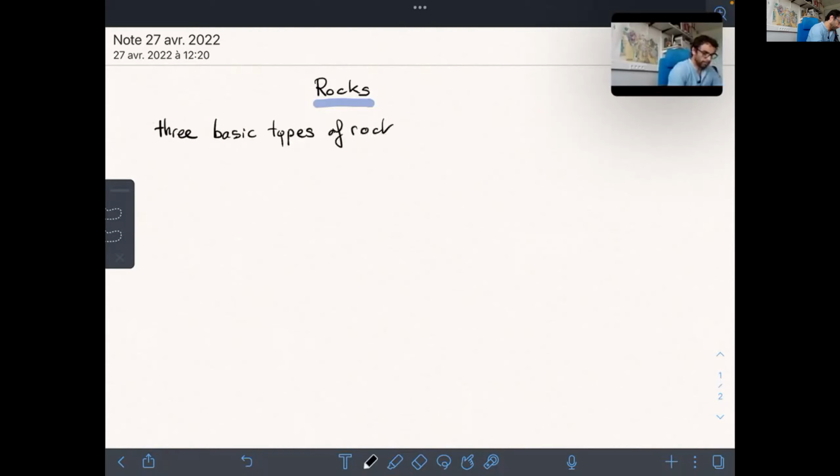And this you probably have seen in other classes or lectures before. We have sedimentary rocks. So they are typically formed at low pressure and temperature. This is more or less at the surface.